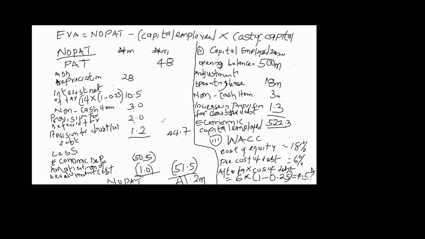When you are calculating NOPAT, the 14 that you use, times 1 minus 25%, we have deducted tax here, so we should not take it again.